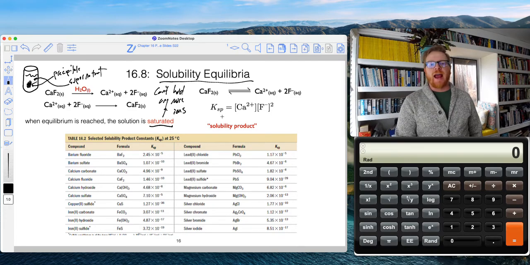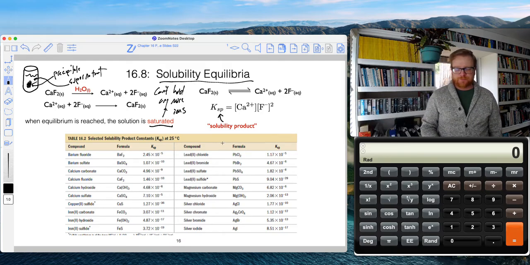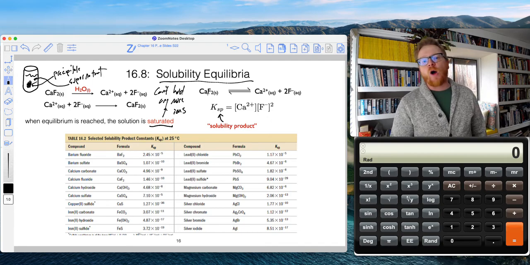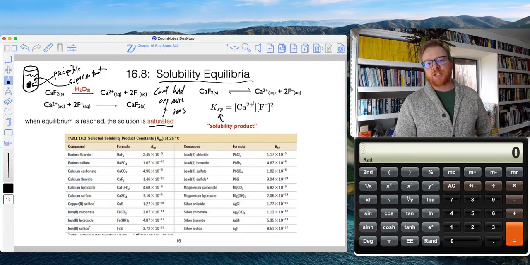And so now we're going to add another flavor of K, KSP, which is the solubility product. If you recall, we don't include solids in the equilibrium expression, so our equilibrium expression is only comprised of these ions. Okay.